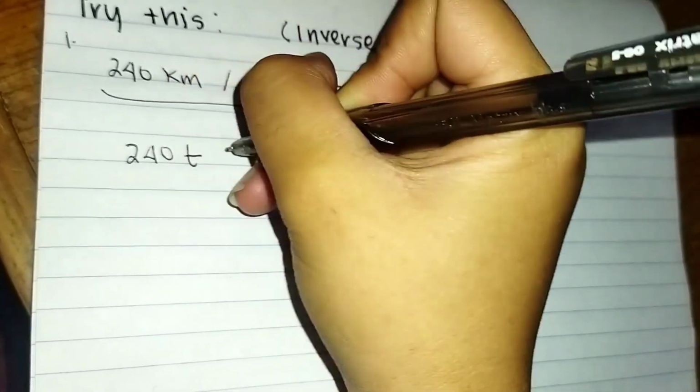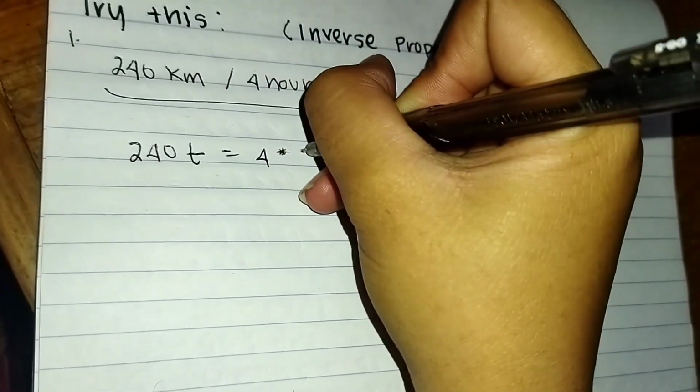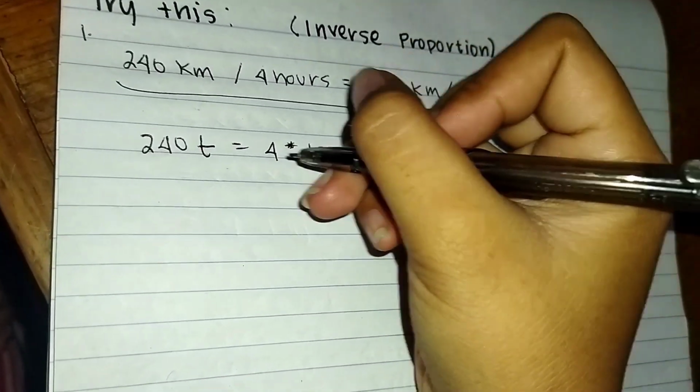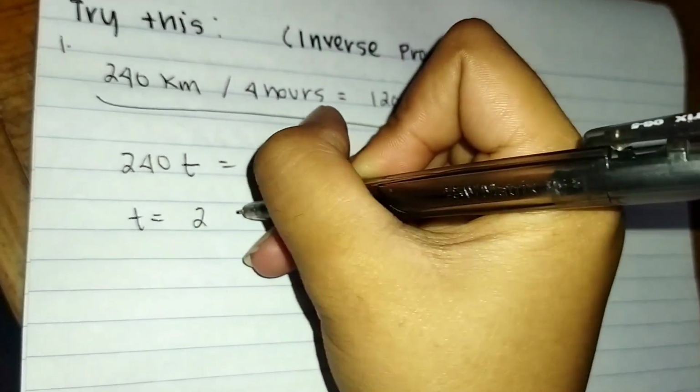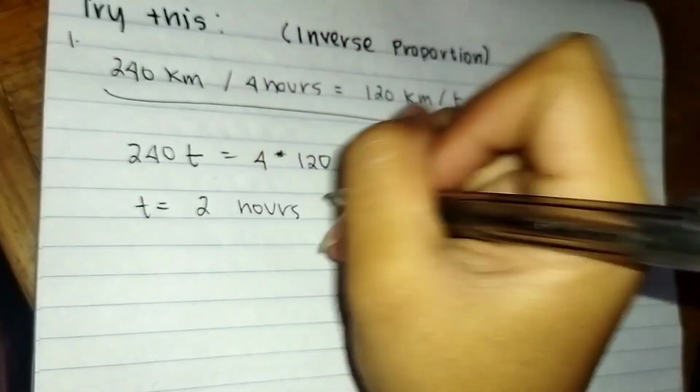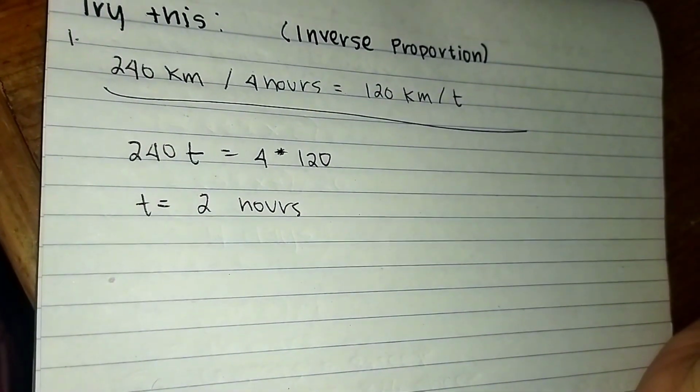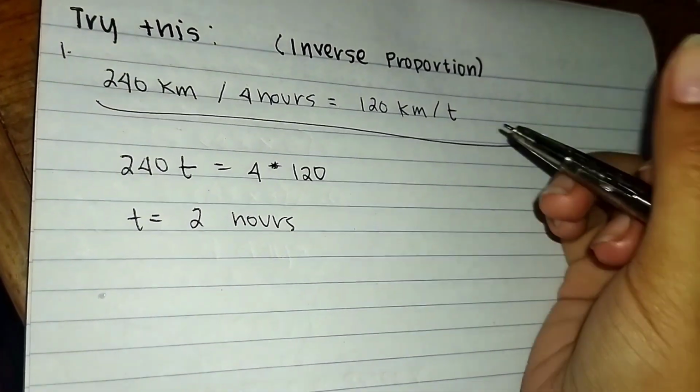Cross multiplying, 240 t is equal to 4 times 120. The answer will be 2 hours. Therefore, it will take the car 2 hours to travel a distance of 120 km at the same speed.